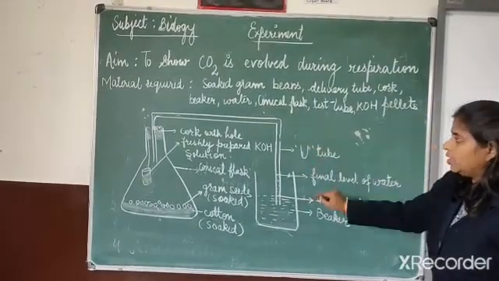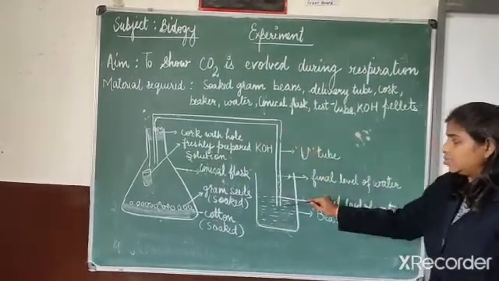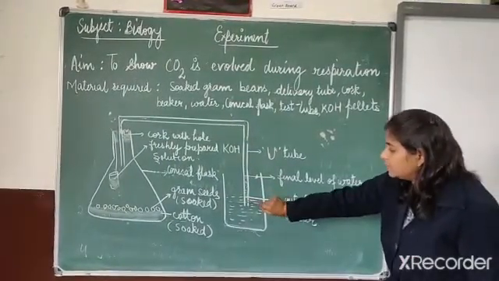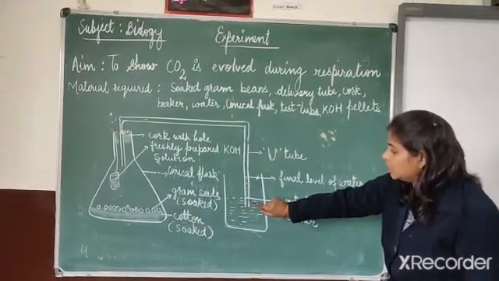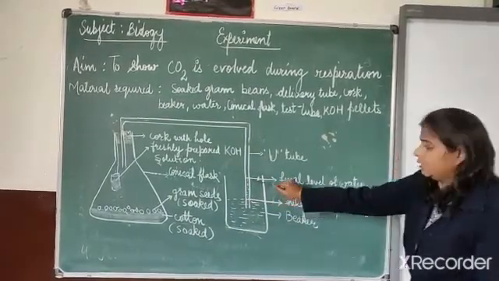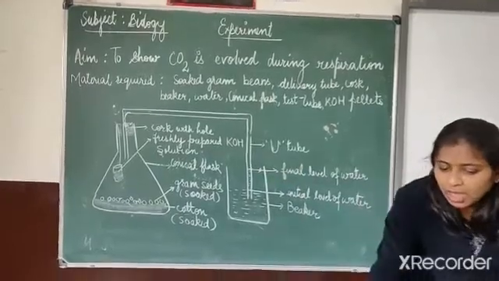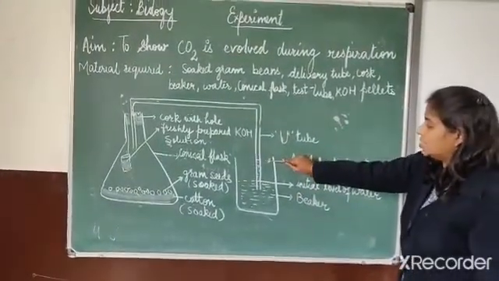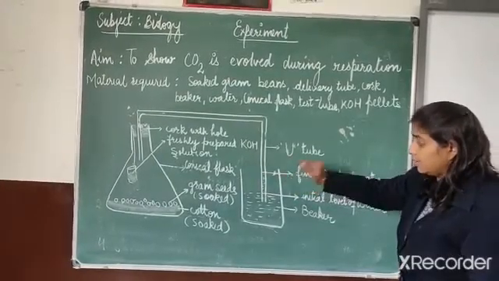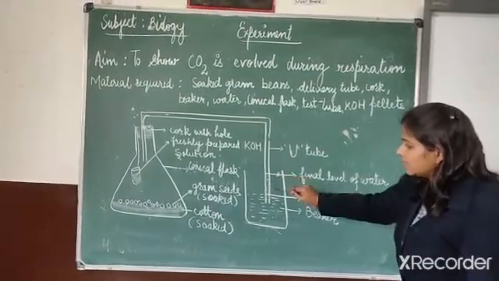Now we are going to leave this setup for 24 hours. After 24 hours, we are going to observe that the level will increase from initial to final, as you can see. When we check after 24 hours, you will see there is a rise in level. Why is there a rise in level?